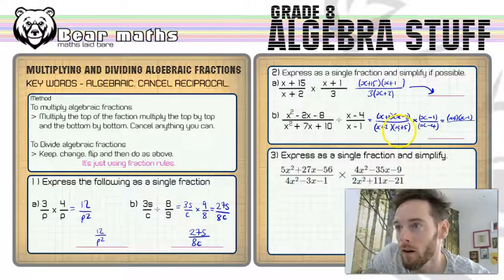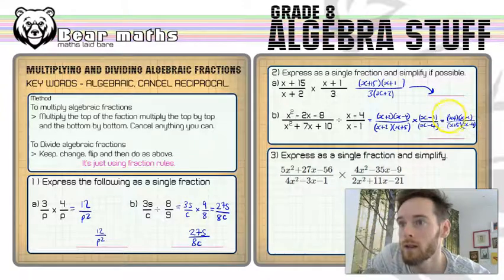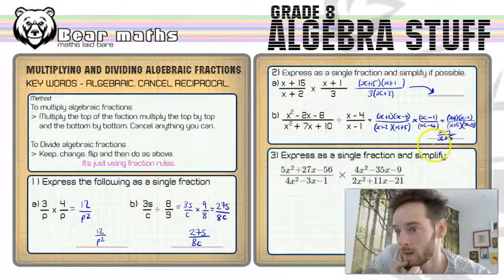And then we've got x plus 5 and x minus 4. Okay, so what we can see there is that one cancels that one. So we end up with x minus 1 on the top, and we have x plus 5 on the bottom. That's our final answer to that question.